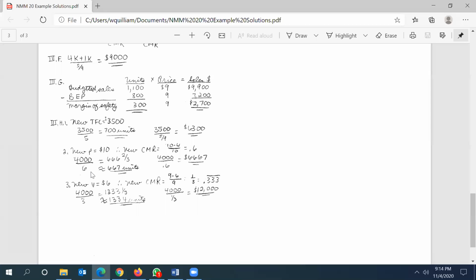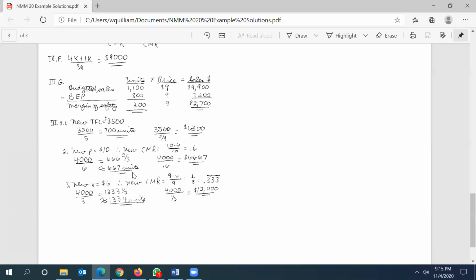So contribution margin in terms of sales units, the number of units sold, sales volume. Go back to the original information once again. These are independent assumptions, so don't use 3,500 here. Go back to the original total fixed of 4,000 and divide by the new unit contribution margin of 6. It will give us 666 and 2/3 units, but we can't sell fractional units.